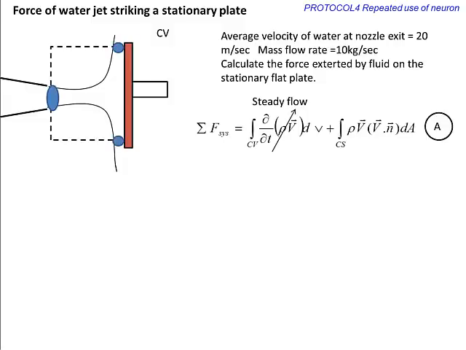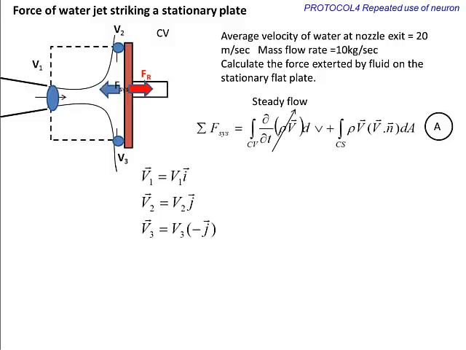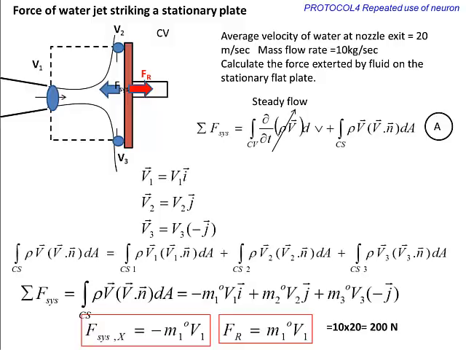Considering the fluid as a system and using the appropriate control volume analysis discussed earlier, we can derive the momentum equation for the fluid impinging on the surface. In this case, we have three control surfaces where fluid crosses the control volume. We can show that the x component of force acting on the fluid system is in the negative direction.